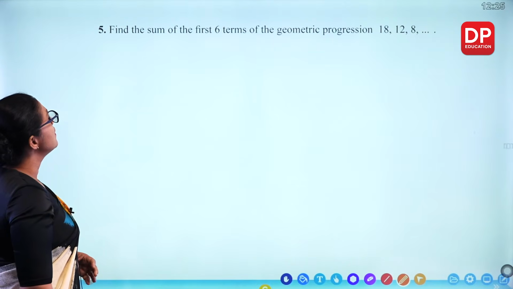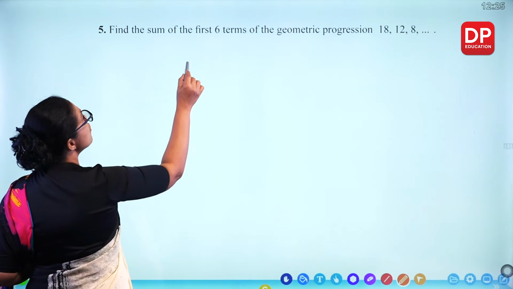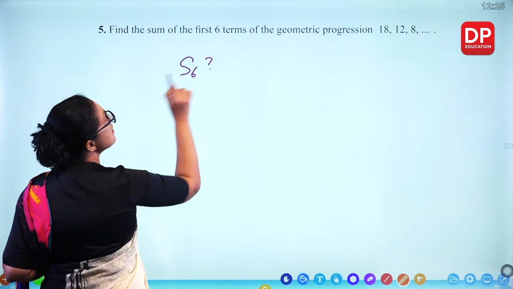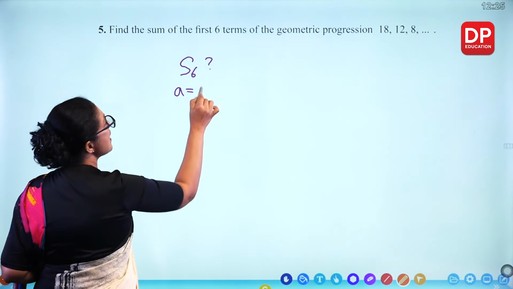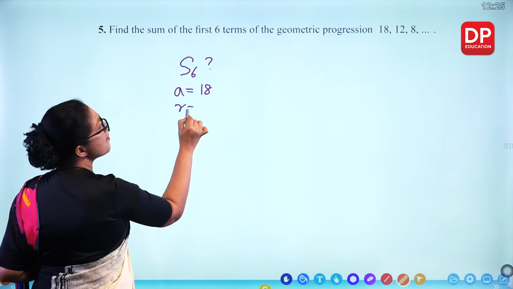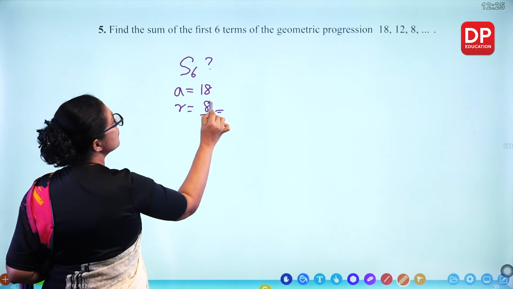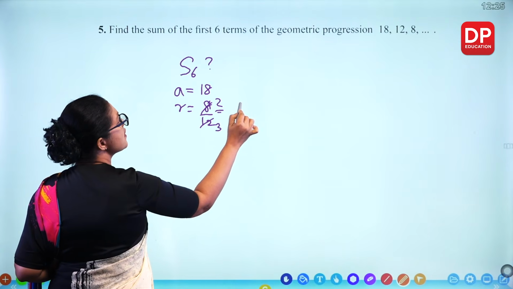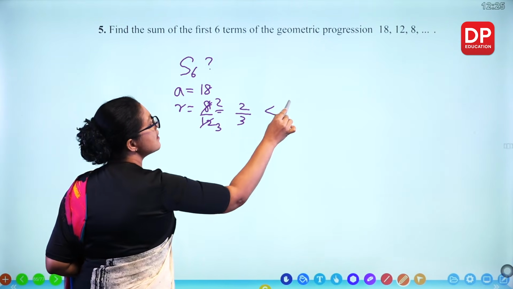Question number 5. Find the sum of the first 6 terms. So S6. First term is 18. What's R? 8 divided by 12. 4 times 2, 4 times 3, 2/3. This is less than 1.